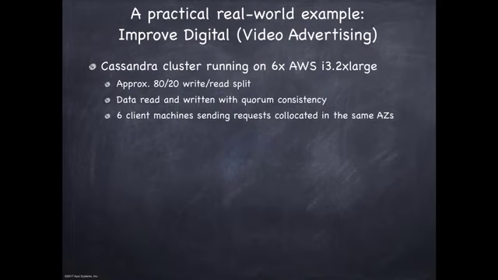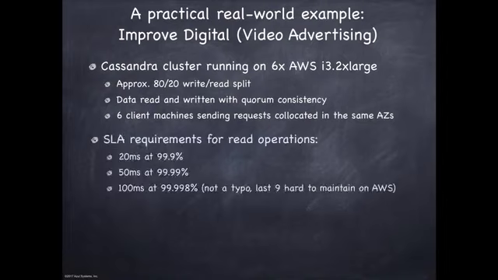They're using 6 AWS instances of a particular size. They had a split of reads and writes of 80-20, and they were using quorum consistency across the 6 elements of their cluster. And they had 6 client machines sending requests, co-located with the same machines.